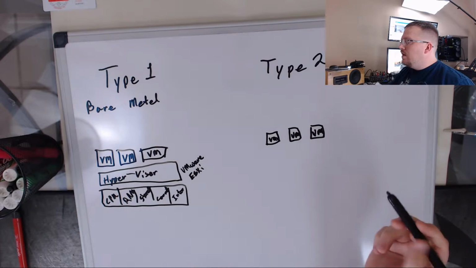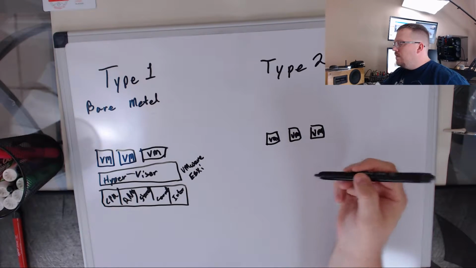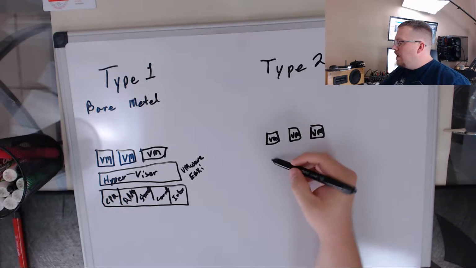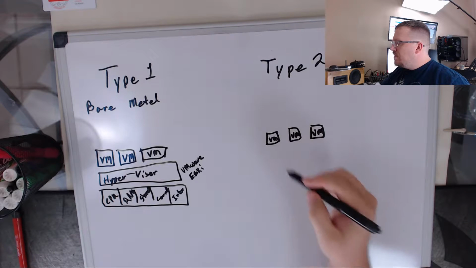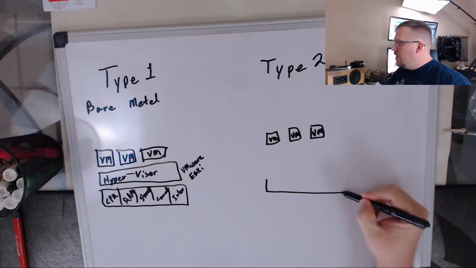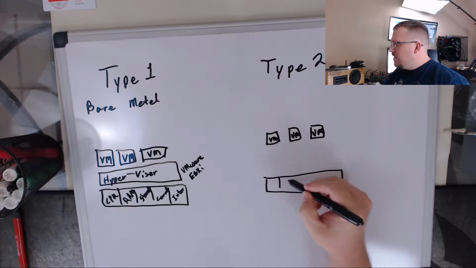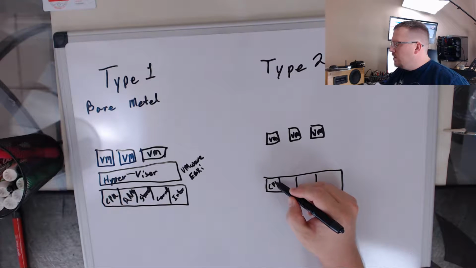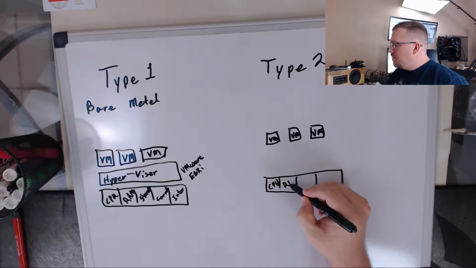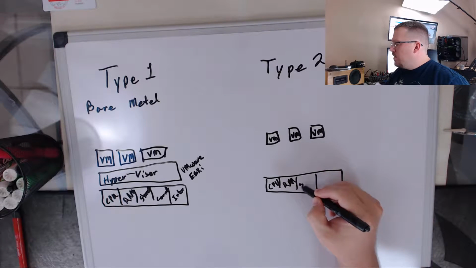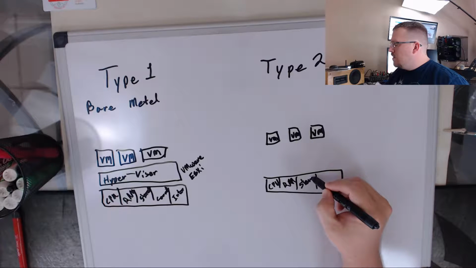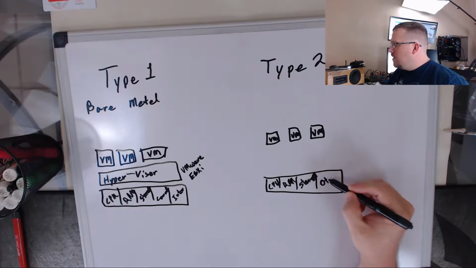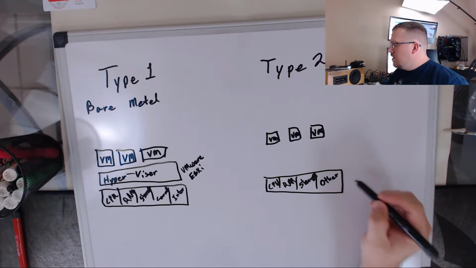to that machine. The other thing you can do is have what's called a hosted hypervisor. What happens here is you'll have your hardware just like before. Just imagine CPU, RAM, storage, and other devices, other hardware.